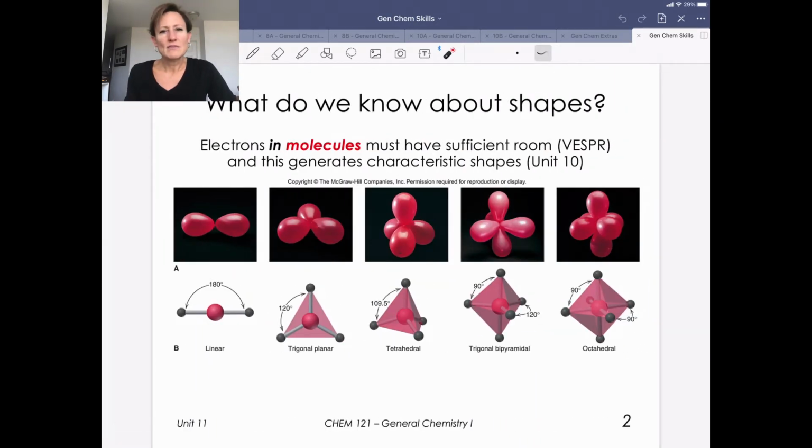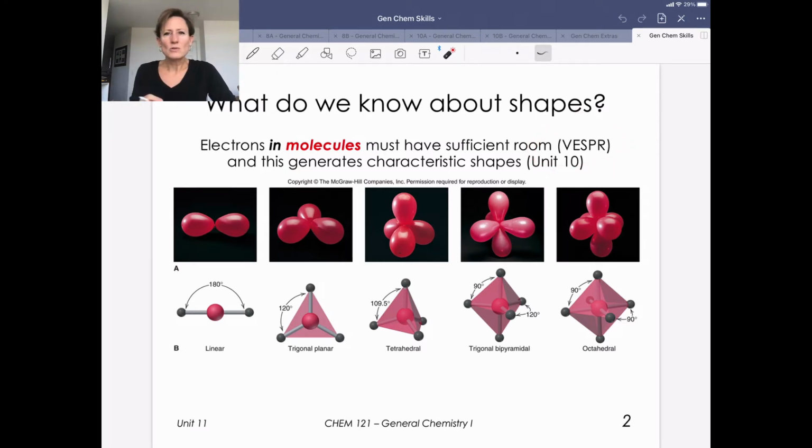So let's talk about some of the things that we've learned already and how they're going to play into this latest learning unit. So in Learning Unit 10, we learned about shapes of molecules and how to determine shapes of molecules. And we learned about that because when we have electrons, either as bonds between atoms or as lone pairs on atoms, we need to give those electrons room. And that was that concept of VSEPR theory.